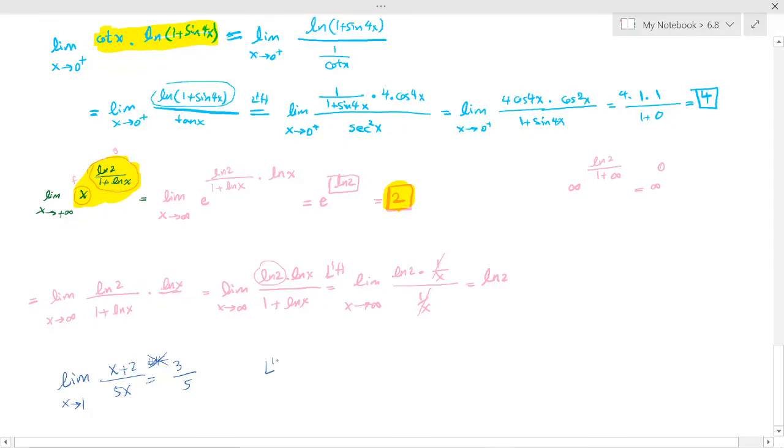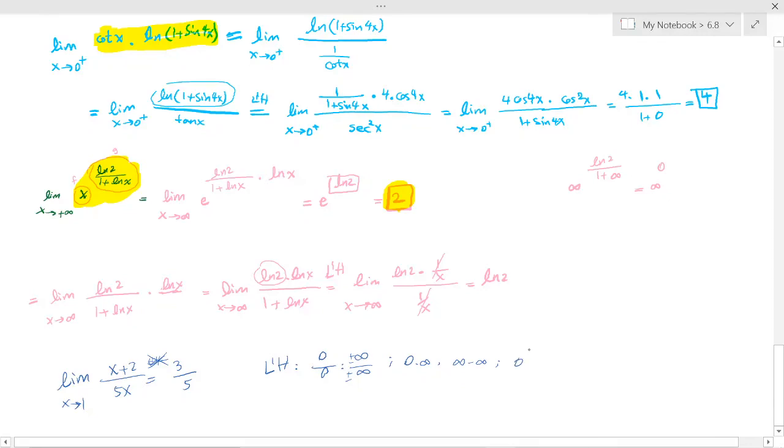You can only use L'Hopital's rule if you have an indeterminate form. If you're dealing with 0 over 0, infinity over infinity, it could be plus or minus. If you're dealing with 0 times infinity, or infinity minus infinity, or what else?